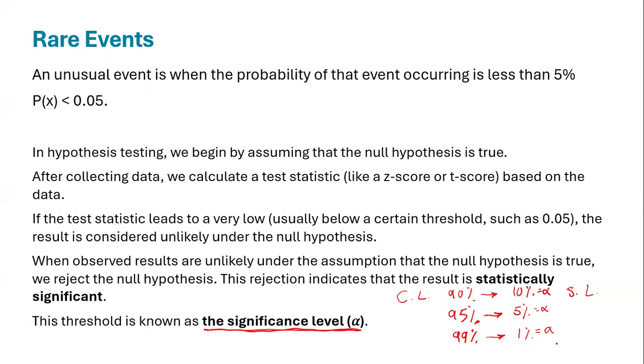Then we compare the result from the test statistic with alpha to see if we need to support the claim or reject the claim. Usually the problem gives us the significance level. If not, we always assume that it's 5%.